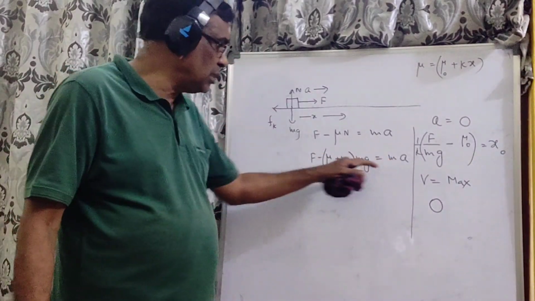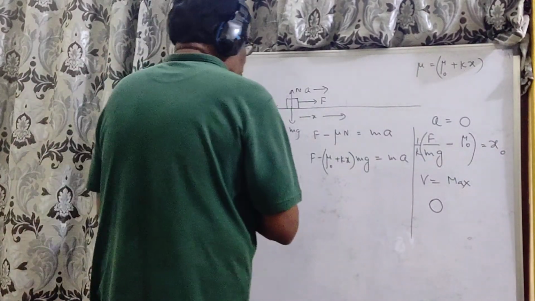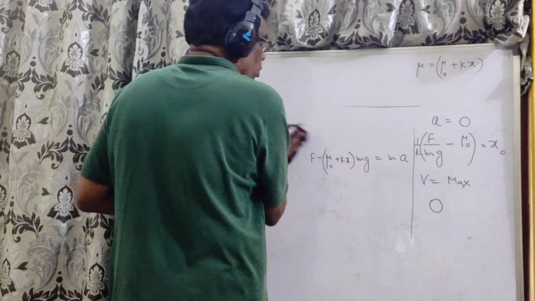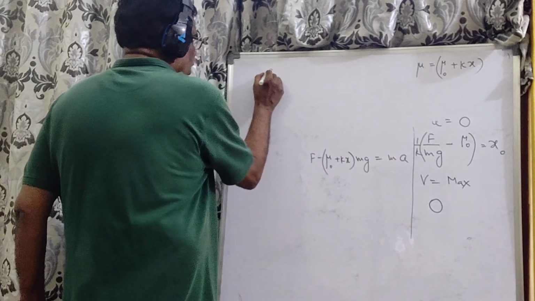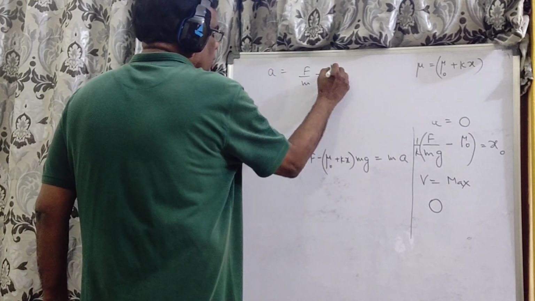Then this is nothing but variable acceleration. How do you do that? A is equal to F by m.